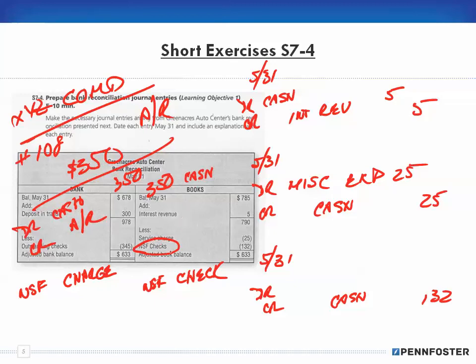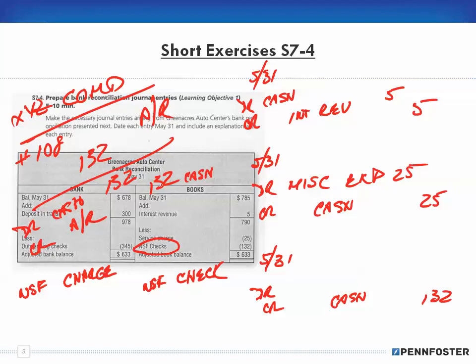So that's why we're reducing our cash balance. Well, in this case, let's just make it 132. Sorry about this. I went into theory mode when I wrote this 350; I wasn't applying it to the problem here.